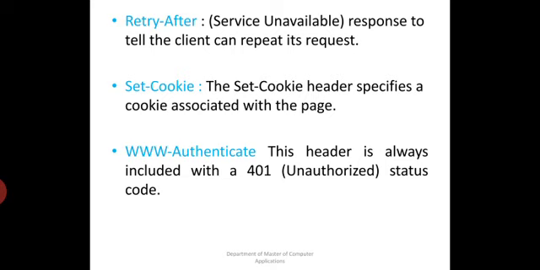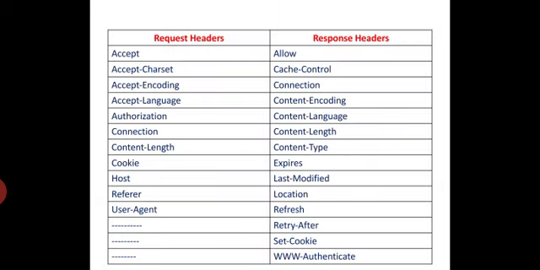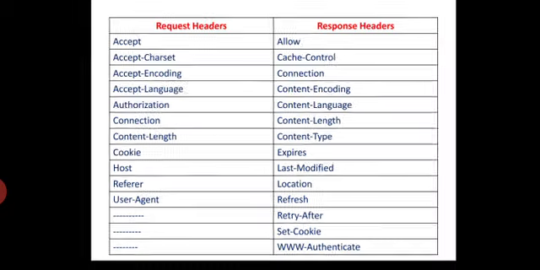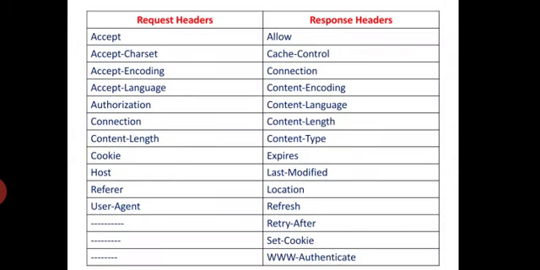So I have made one more very simple slide here wherein you can easily take out some common headers from the request headers as well as from the response headers, so you'll not be confused about which headers are request headers or response headers. To name a few, common headers are connection, content length, cookie.